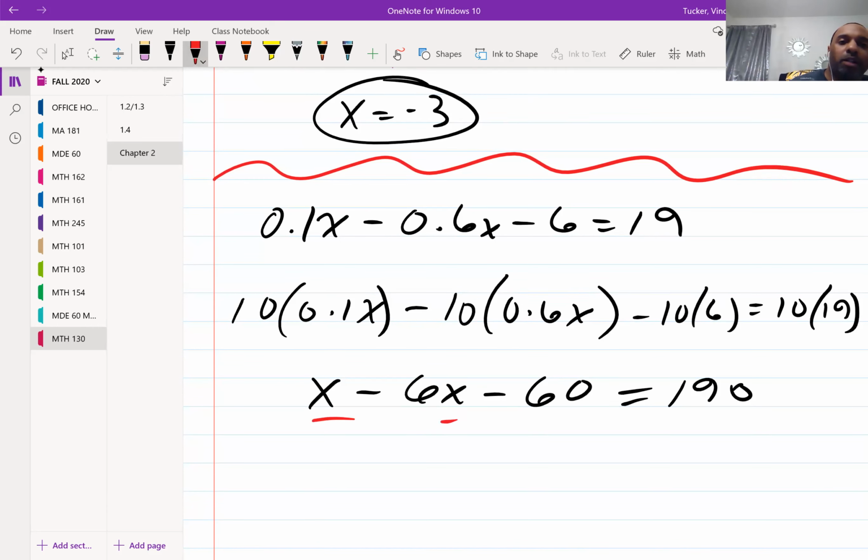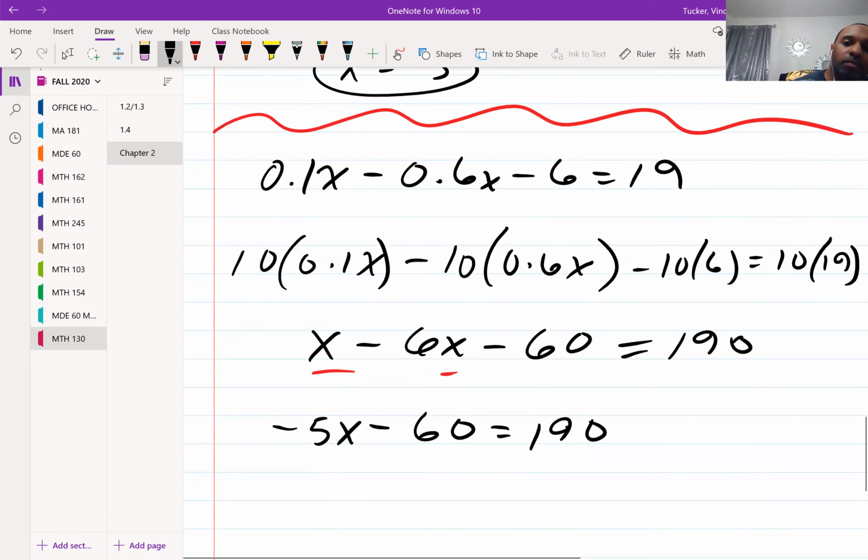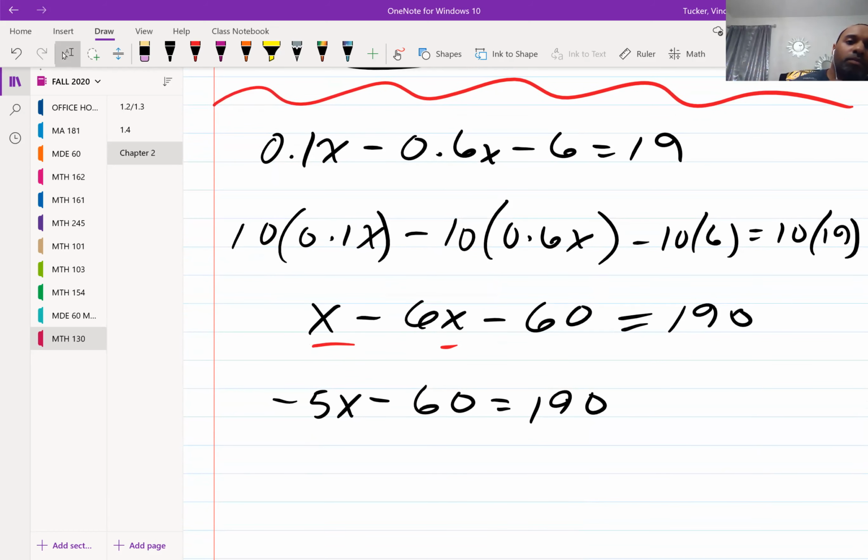I'm going to combine the like terms. Negative 5x minus 60 equal to 190. Add 60.